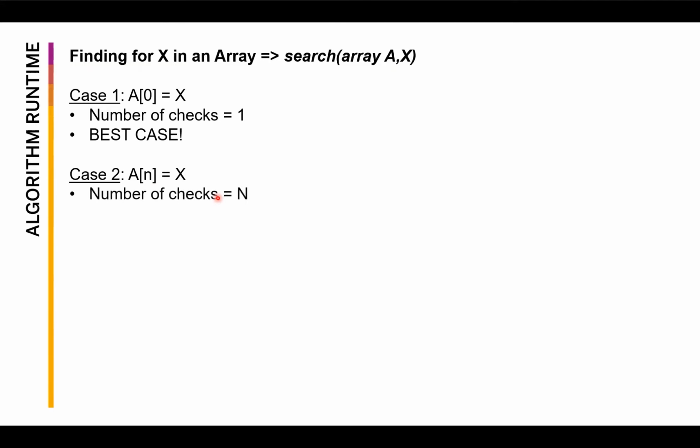Correct. So our algorithm has to go through all of those elements until it arrives at the last element and say that, okay, X is at the last element of array A. The same case applies when X is not in the array. You still have to go through all of the elements just to say that X is not in the array.